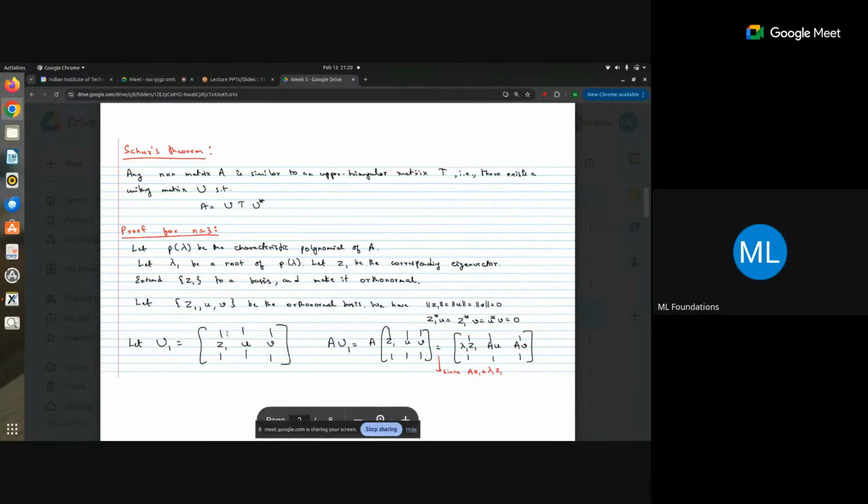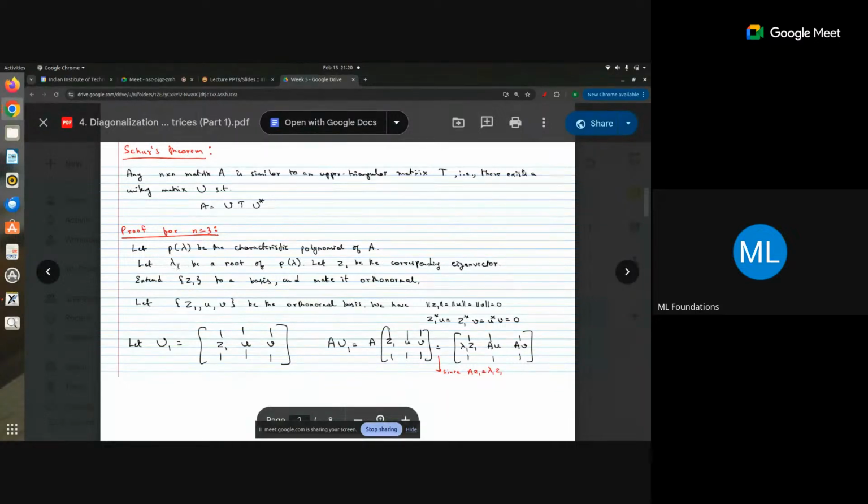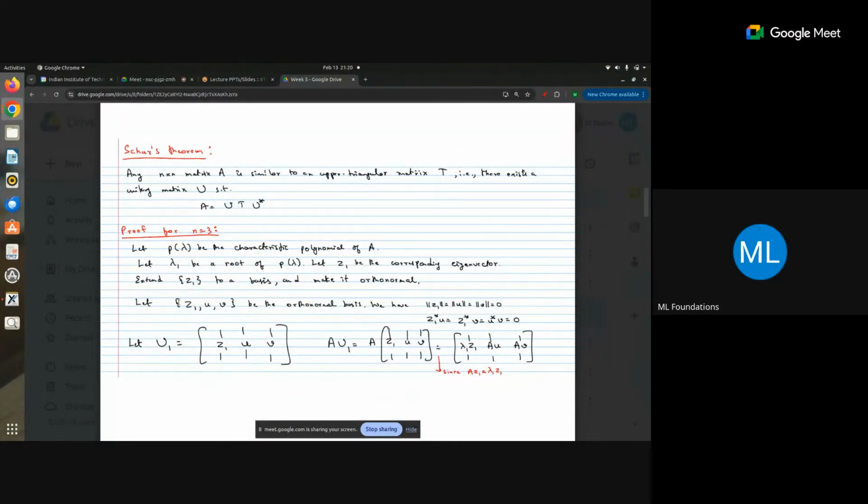So here, Z1 is one of the eigenvectors of matrix A, possibly the eigenvector corresponding to the highest eigenvalue. You can take any one, but let's say we have taken the first eigenvector. We then find its orthogonal basis.